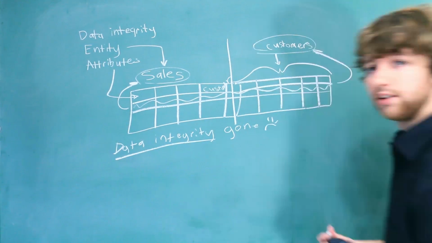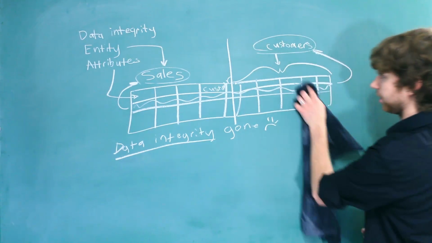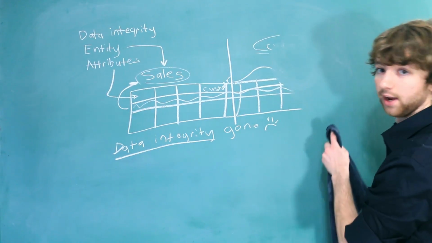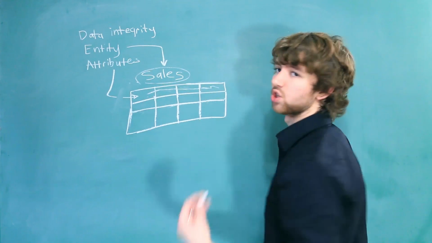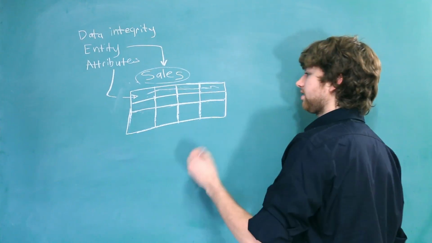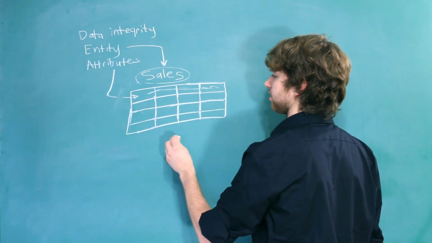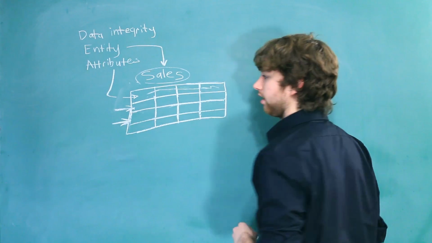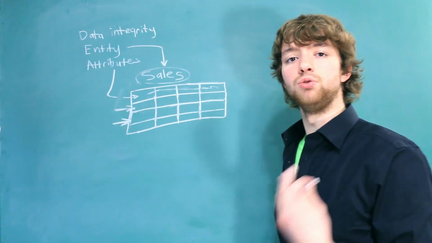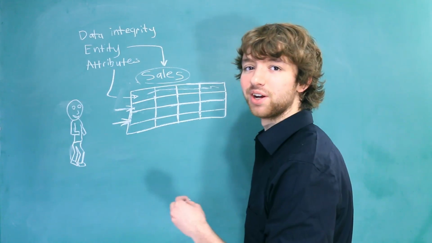Now, I'm going to remove the customer table here, but we're still going to focus on the sales for a little bit. We have the sales table and we have all of these columns describing these sales. And let's say we have two rows inside of this table, one here and one here. And these are describing two individual sales. I'm working on my drawing skills.